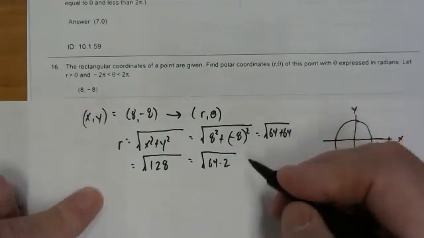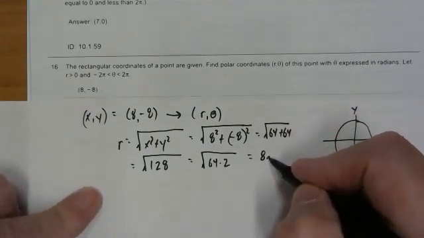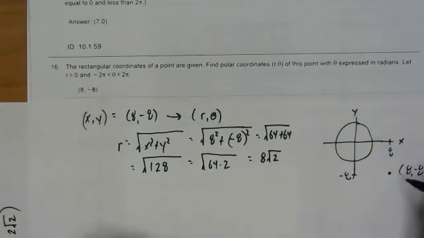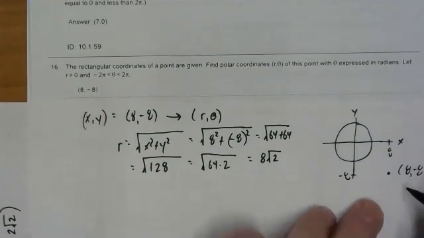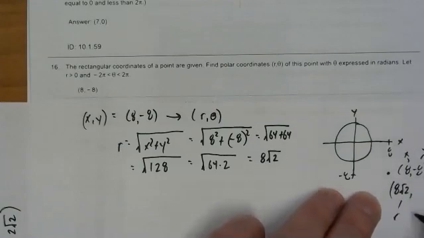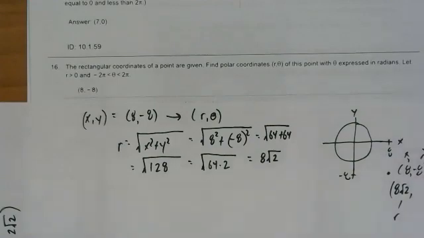The square root of 64 is 8. So it turns out r of this point is going to be 8 square root of 2. So here's x, here's y, there's r. Now I need to find theta.